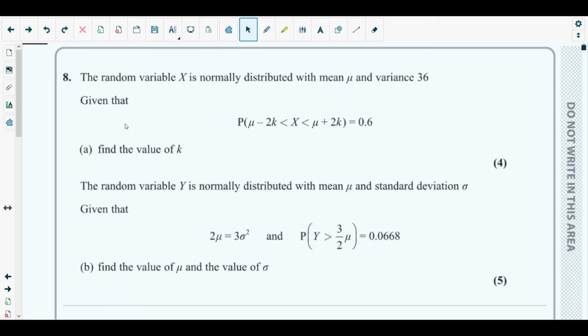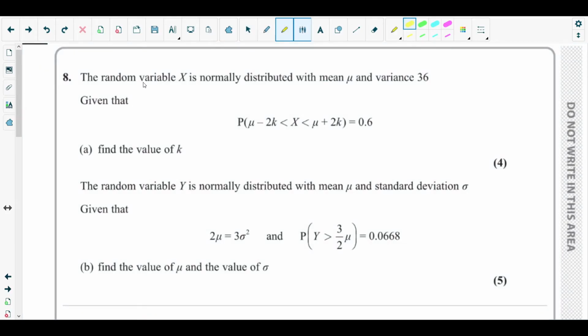To understand the solution, you should have gone through chapter number 7 of your Statistics 1 book. So let's get started with question number 8.